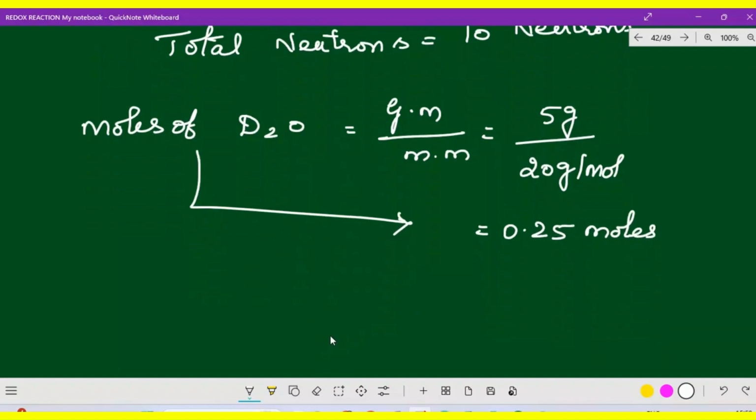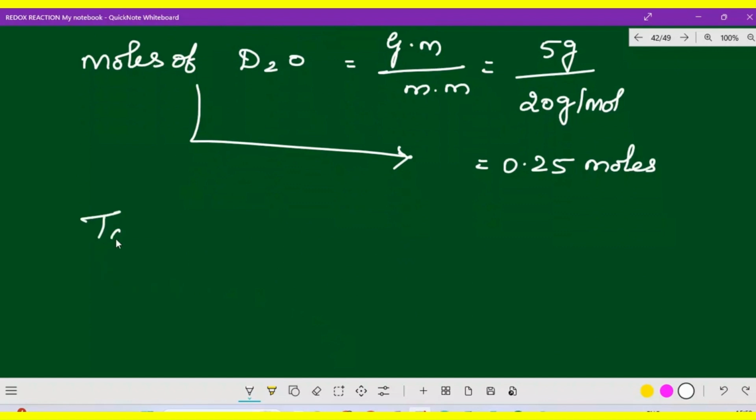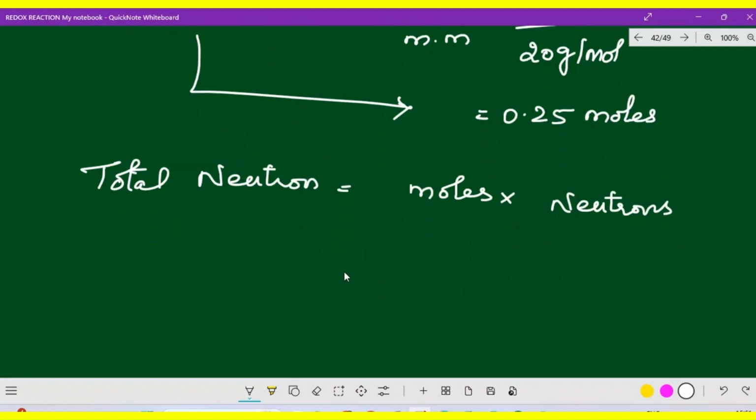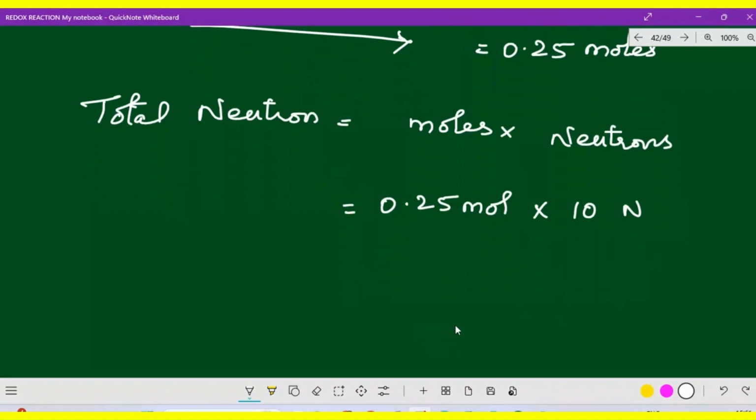Now total neutrons equal to moles into neutrons. Moles is 0.25, so 0.25 moles into 10 neutrons. You will get 2.5.